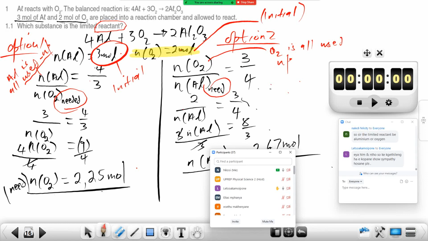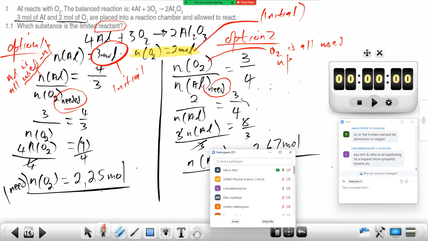Miponi, the number of moles we have, 3 and 2, is basically the initial number of what I am starting with. For me to determine which one is the limiting reactant, I need to know how much reacted or how much I need.